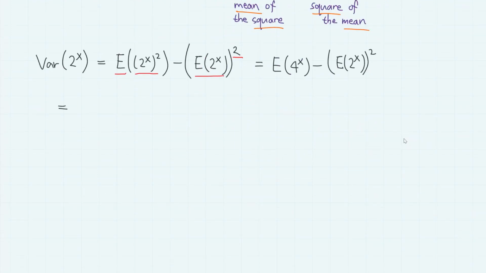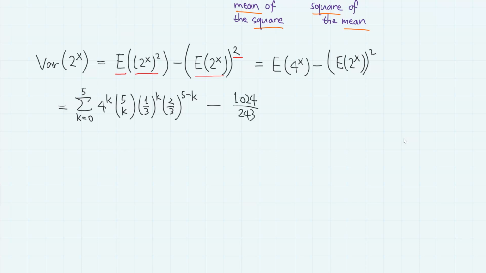Here, the expected value of 4 to the power of x can be calculated by sigma k from 0 to 5, 4 to the power of k times the probability 5 choose k times 1/3 to the power of k times 2/3 to the power of 5 minus k, and the expected value of 2 to the power of x is 1024 over 243.